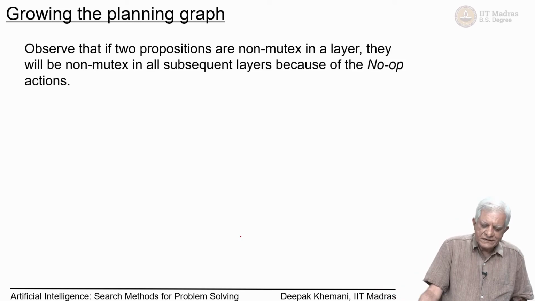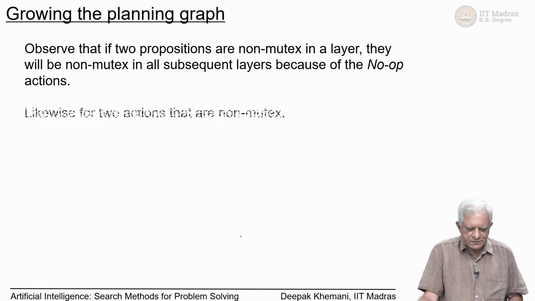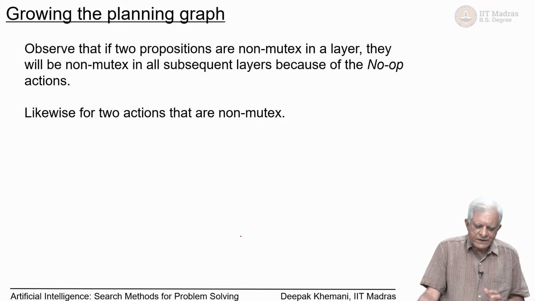First observe that if two propositions are non-mutex in a layer, which means they can be true together, then they will be non-mutex in all subsequent layers because of the no-op actions essentially. Likewise for two actions that are non-mutex, for the same reason essentially.